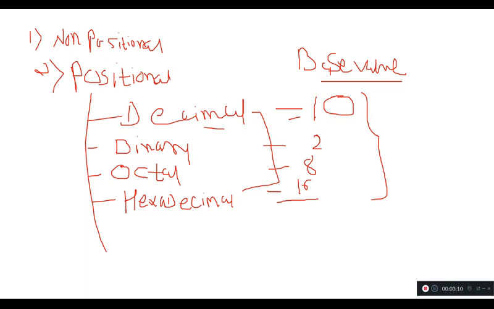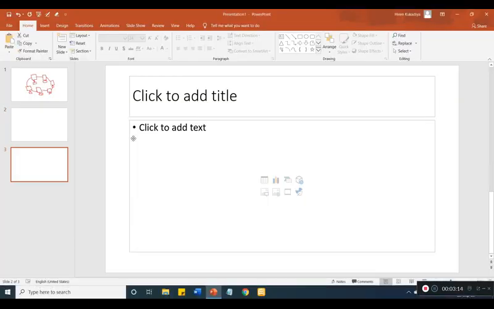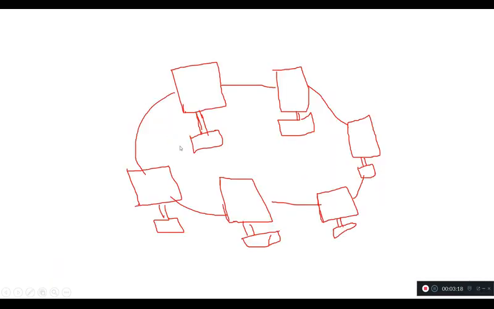Now, in the decimal number system, how can we count? The base value is 10 and the digits are 0 to 9.